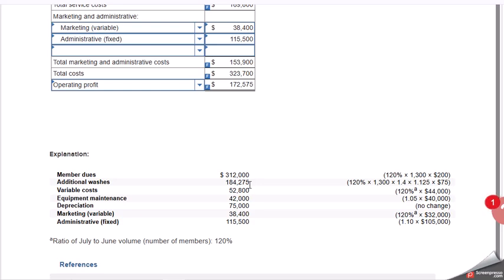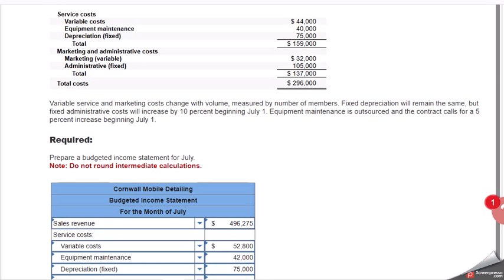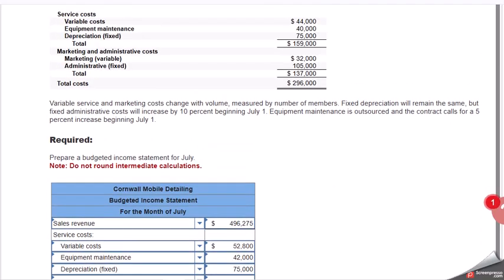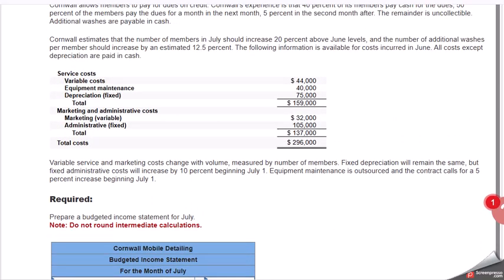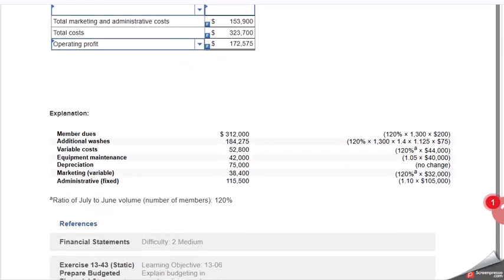Our variable costs change with the number of members. So what we have to do is calculate out, well, what are they now? So now they are 44,000 for 1,300 members.